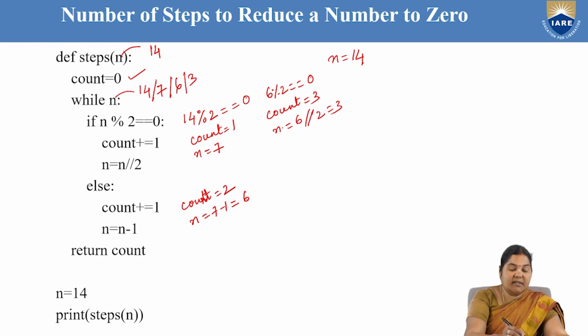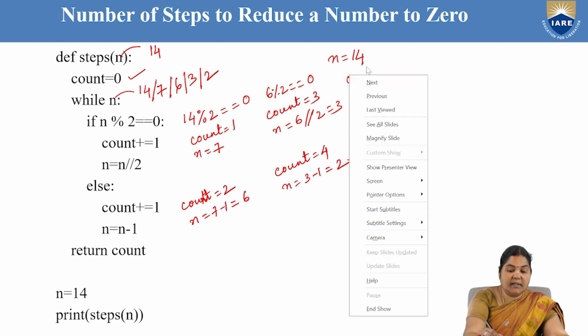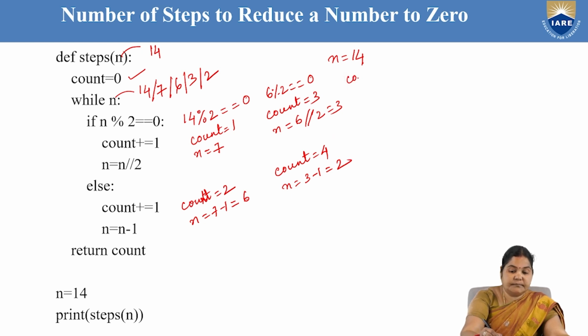Right? Next time my number becomes 3. Now 3 is an odd number. Come to the else part. So my count increases to 4, and number becomes 3 minus 1. It becomes 2. Next time my number becomes 2. Now 2 is an even number. Yes. So you increment the count, it becomes 5, and n is equal to 2 by 2, which is 1.